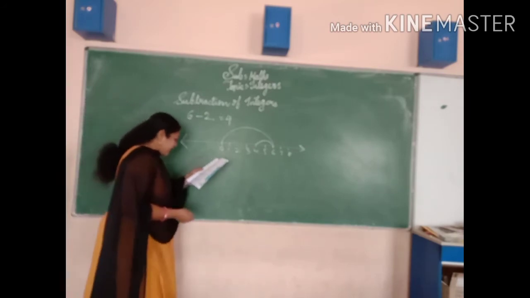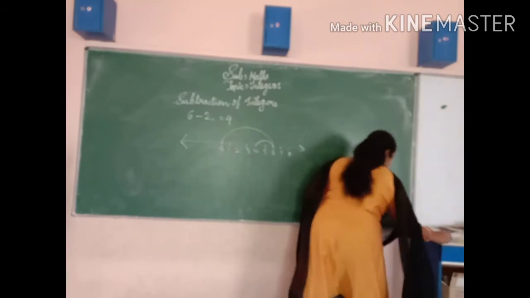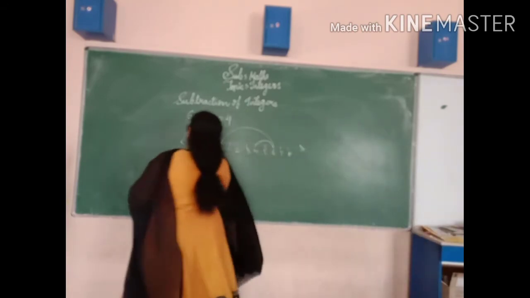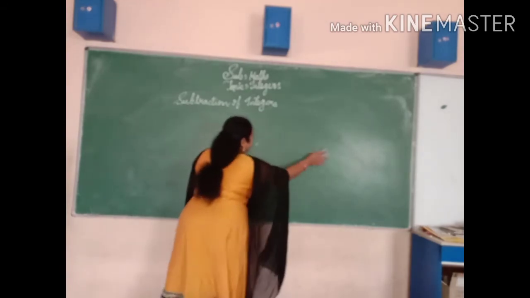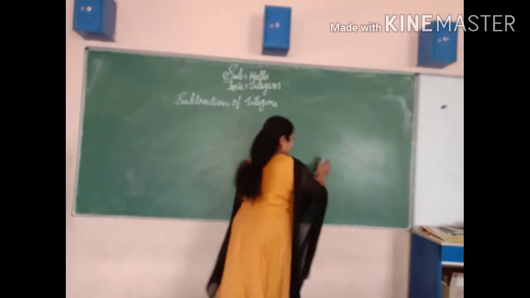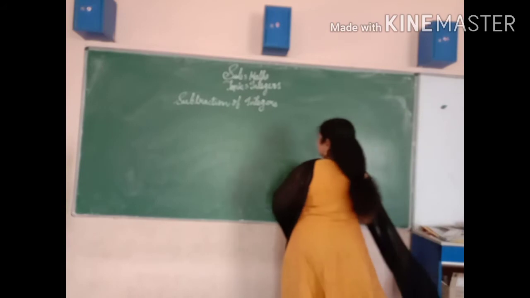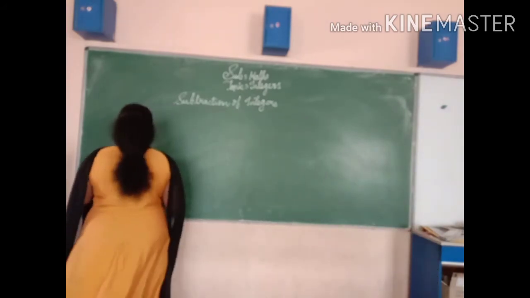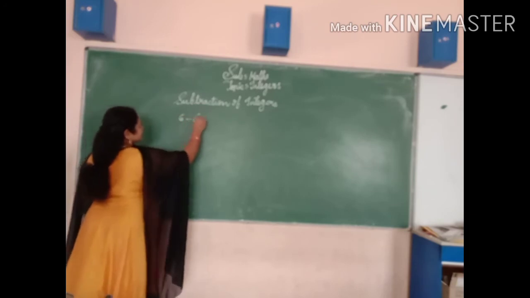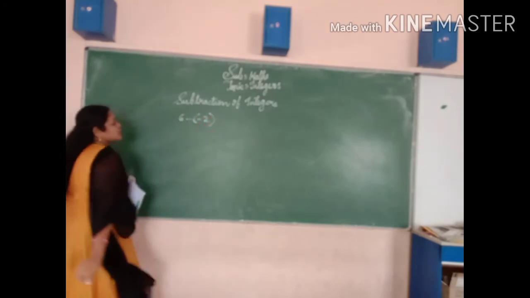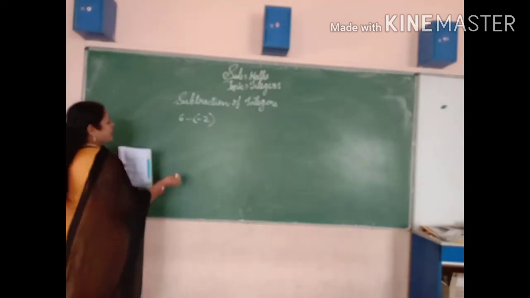Now, if you get subtraction in integers, then how would it be for us now? So let us take 6 minus 2. So this became an integer subtraction.